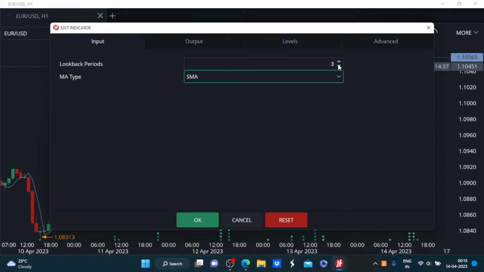The lookback period can also be varied. We get options. You can increase or decrease it; the minimum is 2.